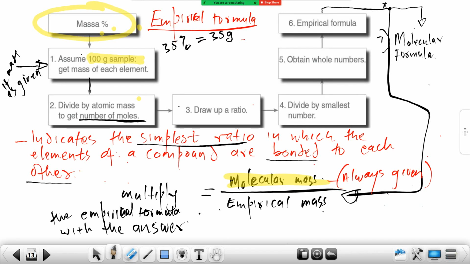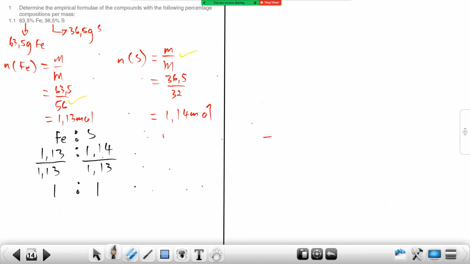Then after obtaining the whole number, it must give me my empirical formula. So I have my empirical formula, which is just iron sulfide. Then I become very, very happy with my final answer.